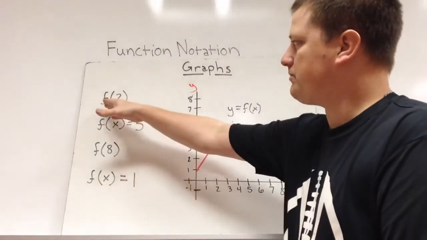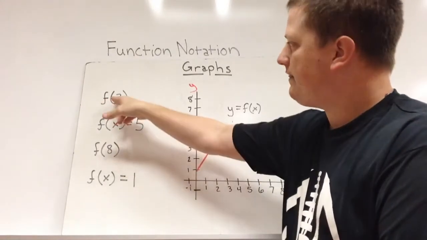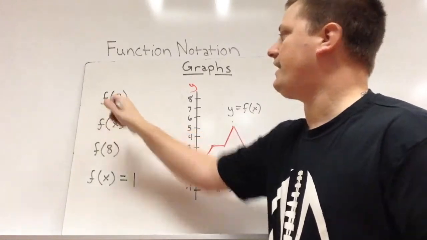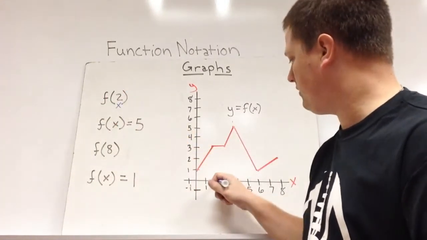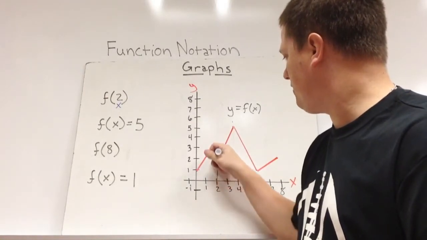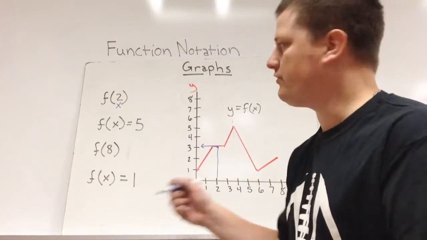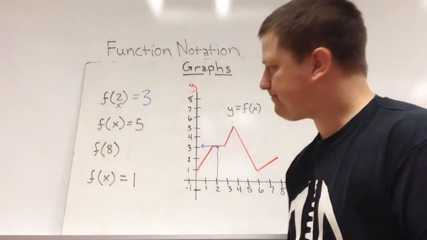So this first problem, it says f of 2, meaning that this 2, since it's inside the parentheses, is an x value. Since it's an x value, we're going to go to 2 on the x value and go up and see what it is for a y. So our y value is 3 here.